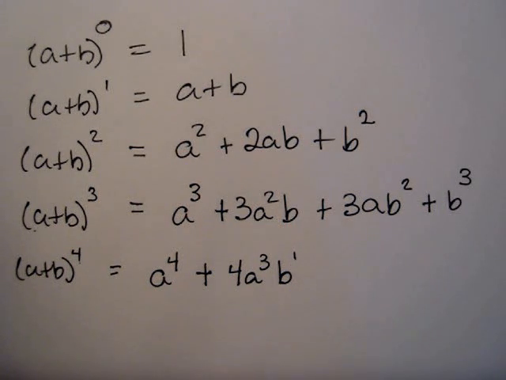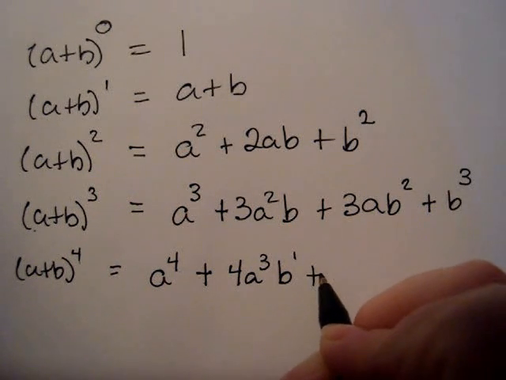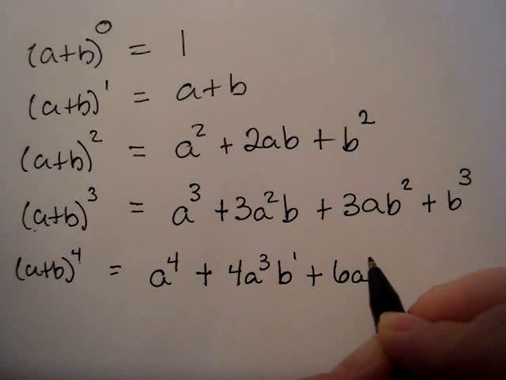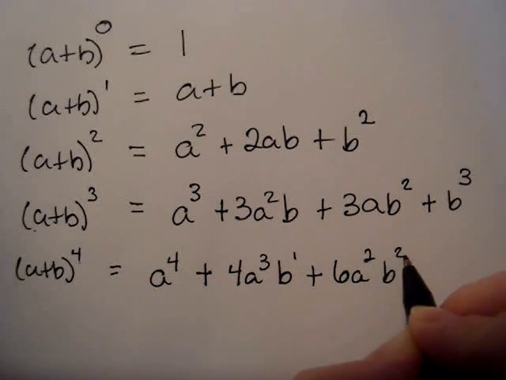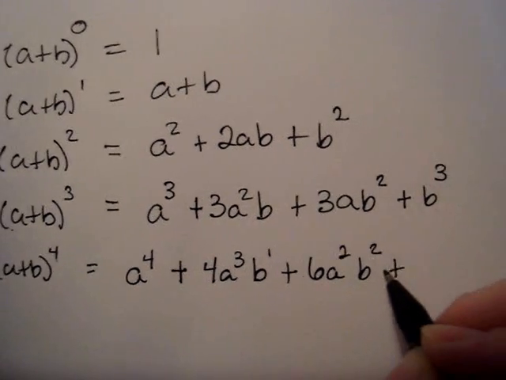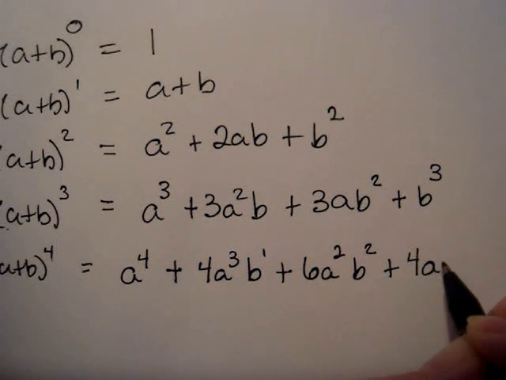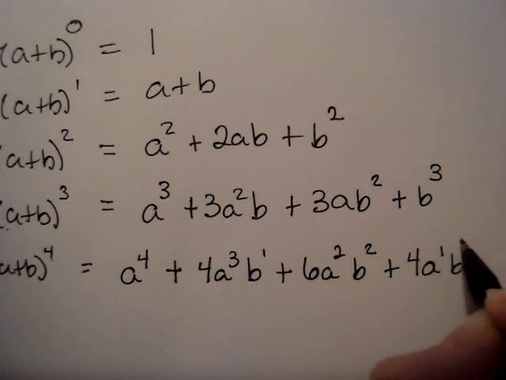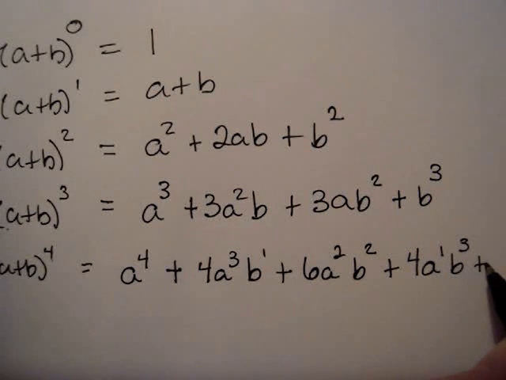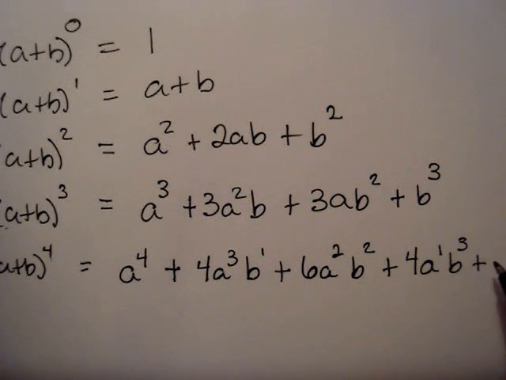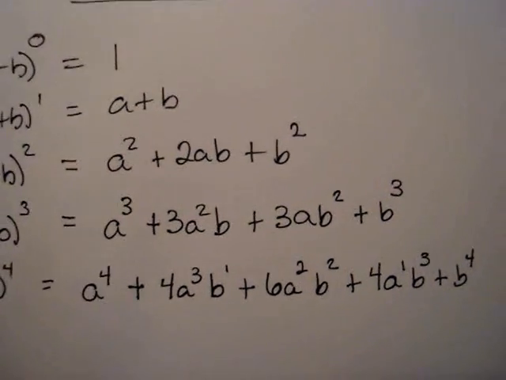Notice that will be b to the 1. Plus 6a to the second, b to the second, plus 4a, that'll be to the 1, b to the third, plus b to the fourth.